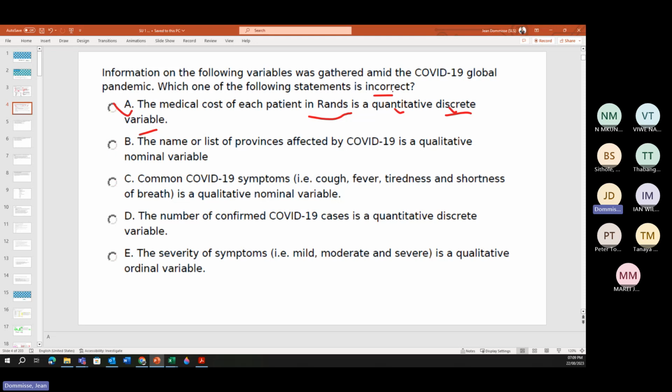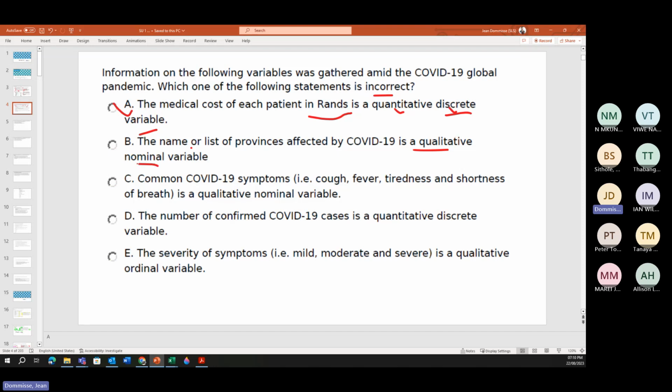So I'm still looking for the incorrect one. The name or list of provinces affected by COVID-19 is a qualitative nominal variable. The name or list of provinces, so we know when we look at provinces, Western Cape, Gauteng, KZN, it's all qualitative.